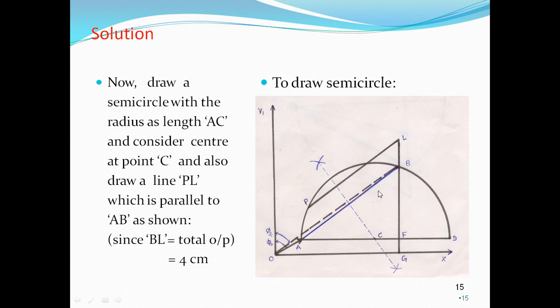Now bisect the line AB, which gives a center point C. Now take C as center and radius AC, and draw a semicircle.